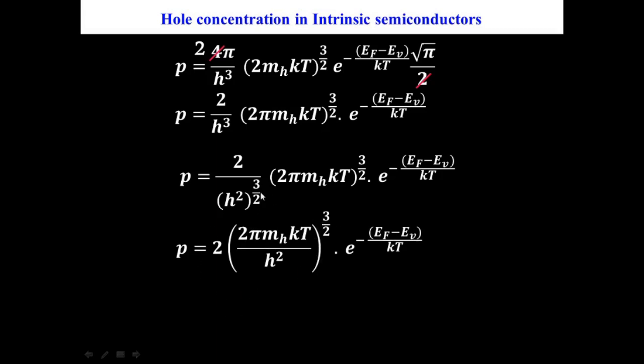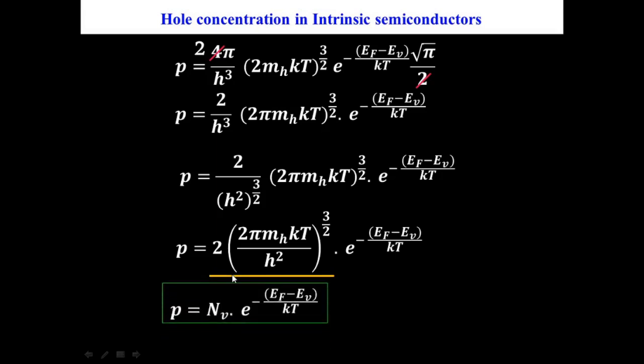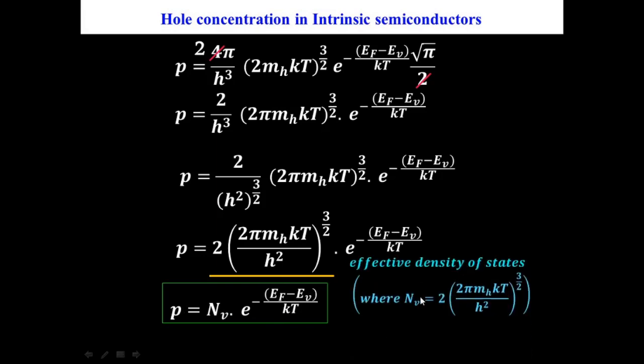Now this 2 into this bracket term is the effective density of states for the valence band, and it can be denoted by Nv. So the number of holes, that is the hole concentration, is equal to Nv exponential of minus Ef minus Ev by kT, where Nv is 2 into 2 pi m_h kT divided by h square to the power 3 by 2.